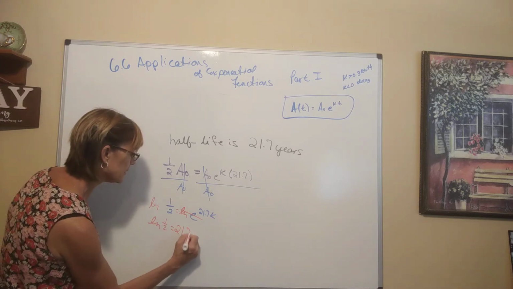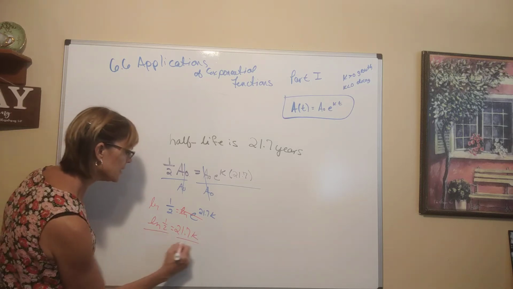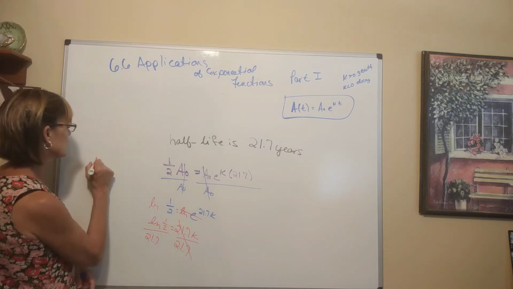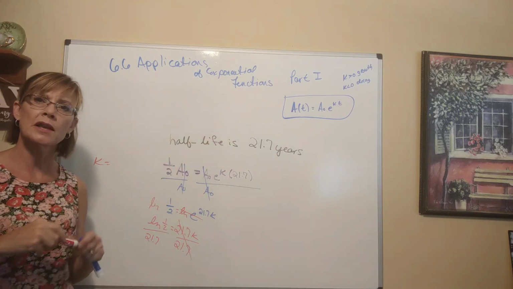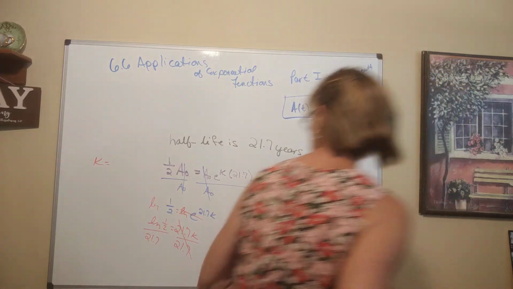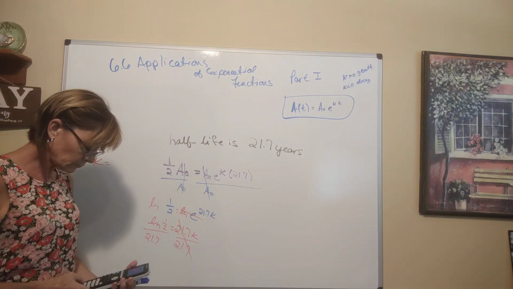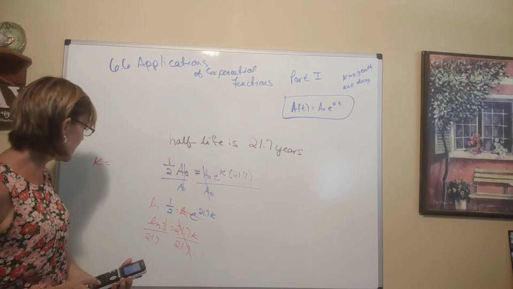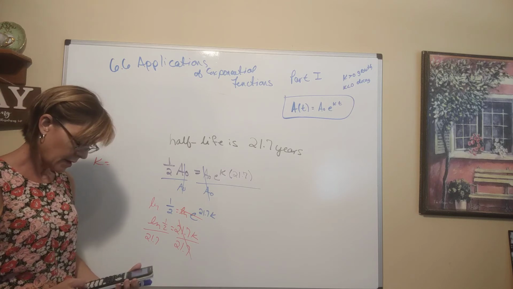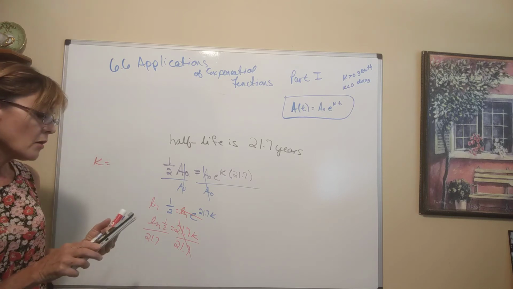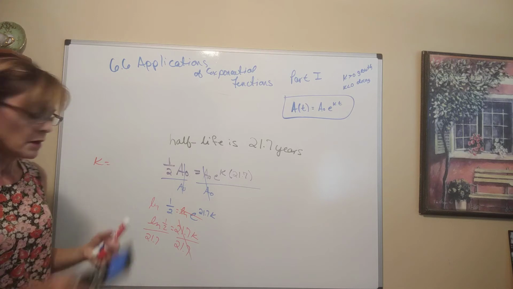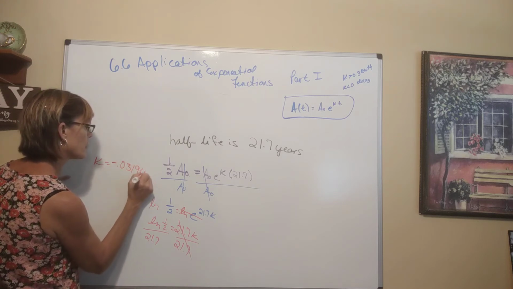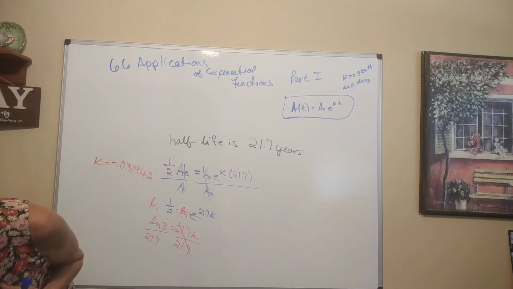I get 21.7 times k. I just need to divide by 21.7, and that's going to tell me what k is equal to. Let's round this to maybe 5 or 6 places. In my calculator, I take the natural log of 1/2 and divide it by 21.7, and I get negative 0.03194. I could also go on to 2. I'll go ahead and put the 2 on there.